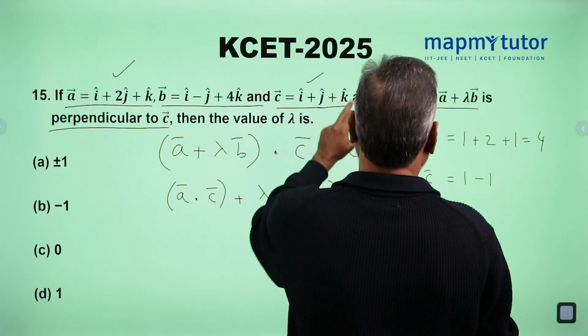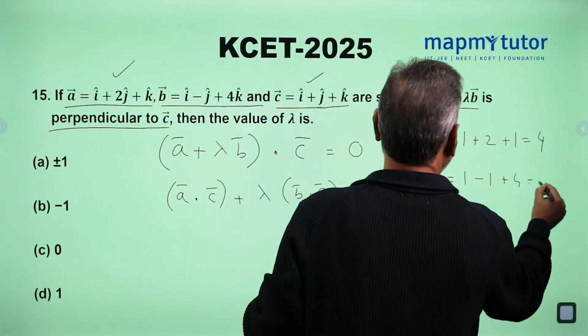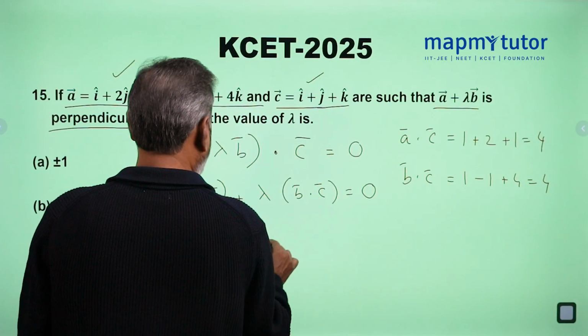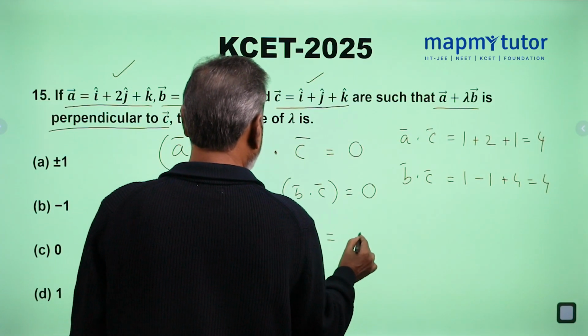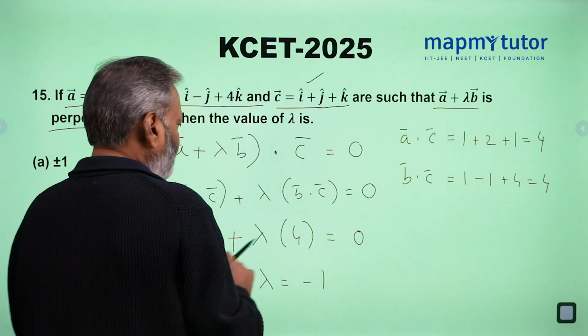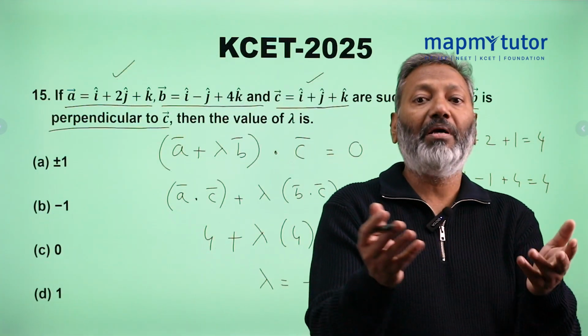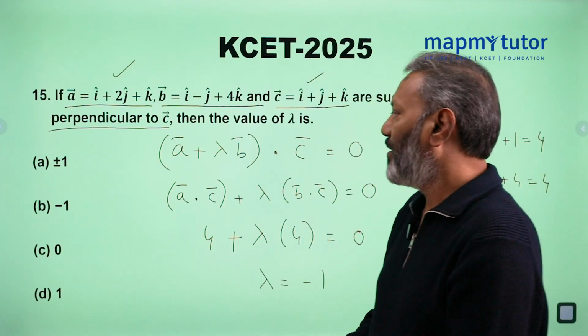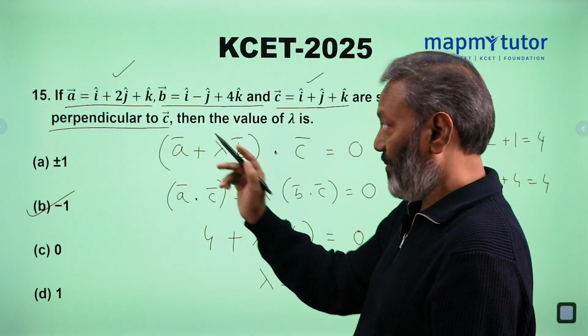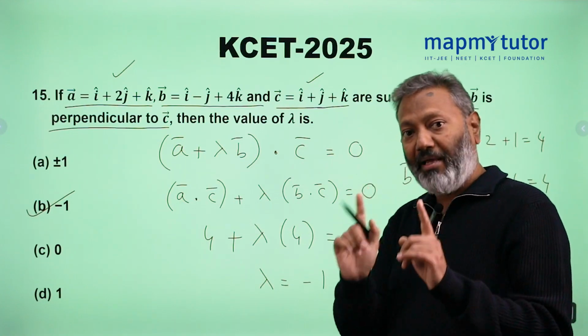And plus 4 and 1, plus 4. Therefore, it is 4. And therefore, it is 4 plus lambda times 4 equal to 0. And hence, lambda is minus 1. And option B is the only correct answer. Look at that, there is plus or minus. No, only minus 1 is correct.